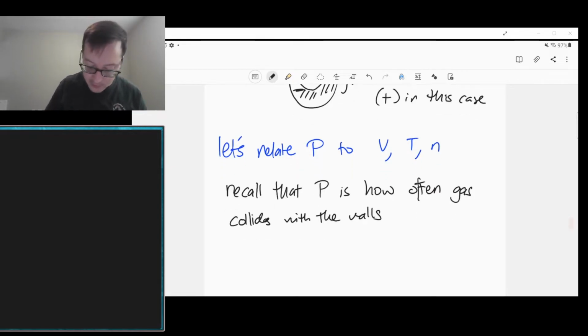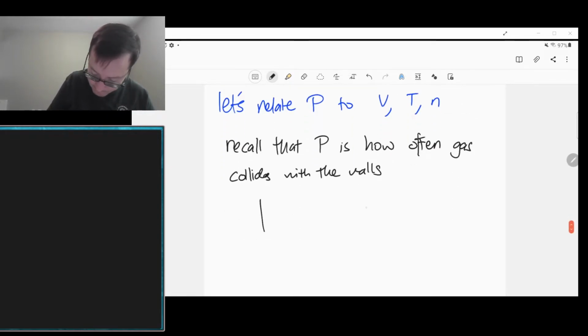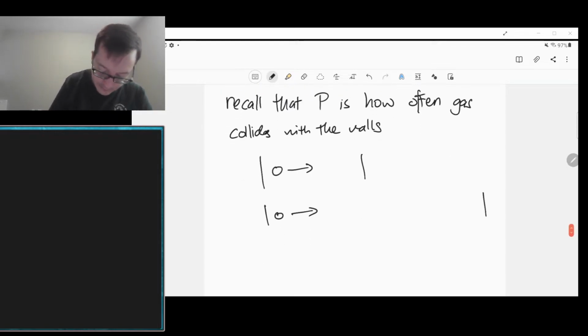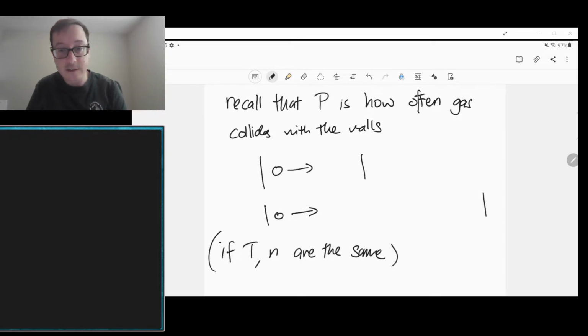So if we look at volume, I'm going to put our gas molecule into two different containers. If the temperature and number of particles are the same, the only thing we're changing is the volume, we can predict what's going to happen with the pressure.